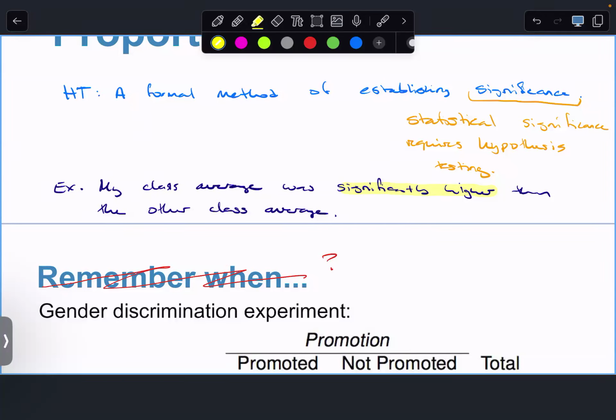One of the main concerns that I have whenever I do multiple versions is I have to make sure that there's not a significant difference in the grades between the versions. That would be really bad, right? And so I always do a hypothesis test to make sure that they're not significantly different, right?